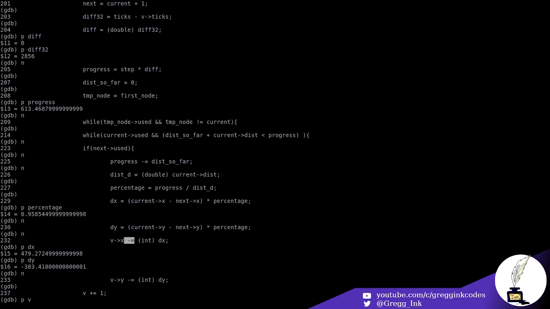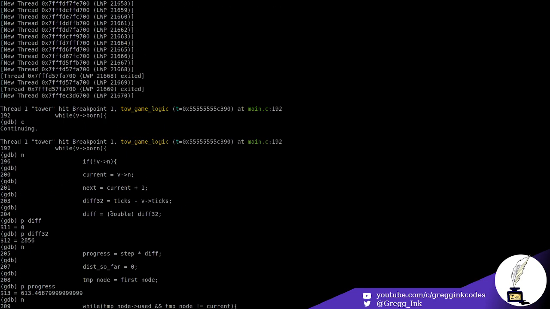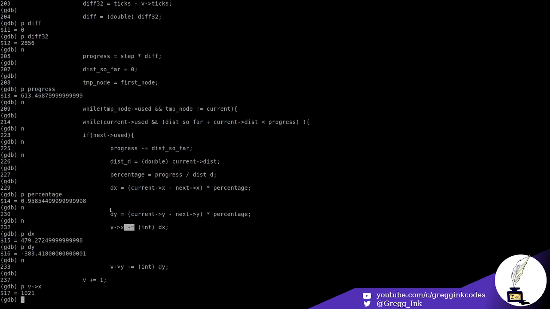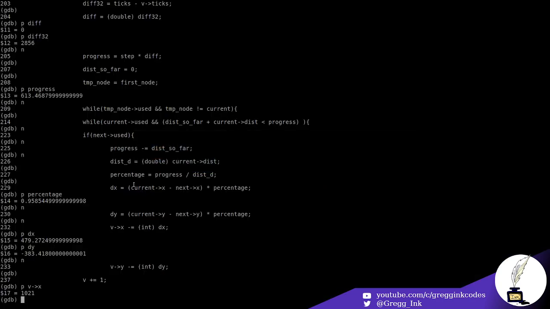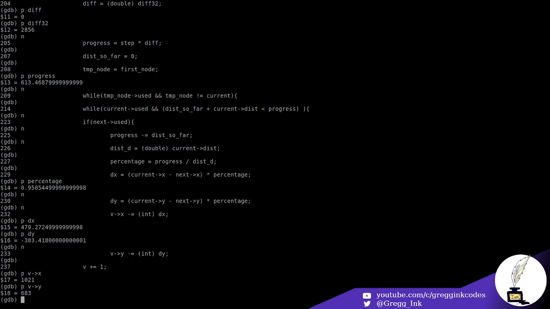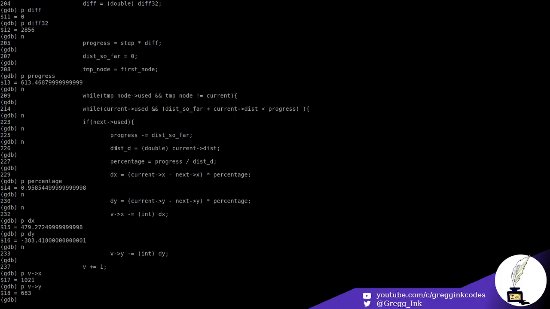So now Vx is 1000, whereas previously it was whatever it was the first node. Okay, so it's 95% of the way from here to there. And then PVY 683. So as long as it's staying within that first section, it looks perfectly good.